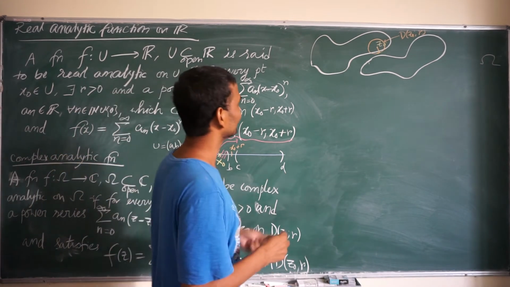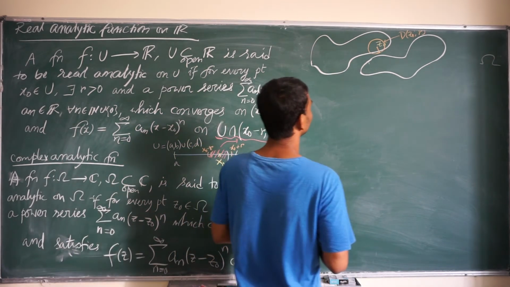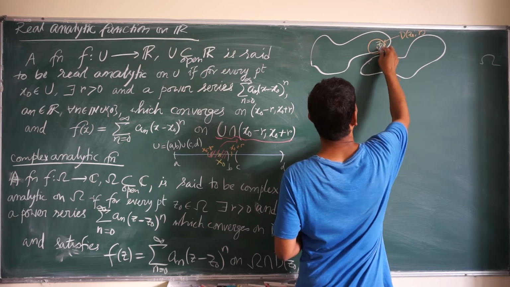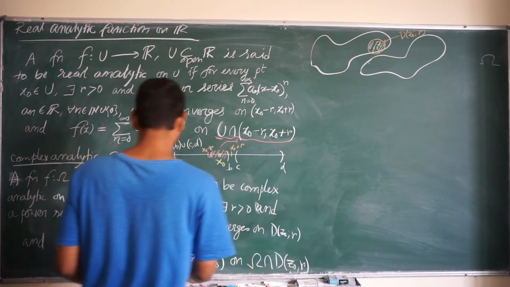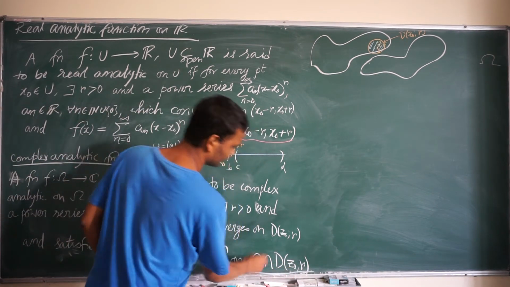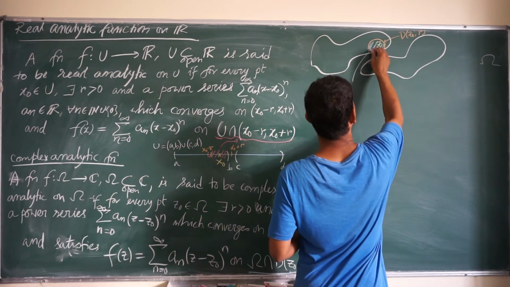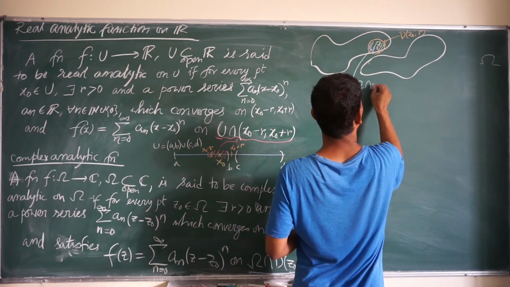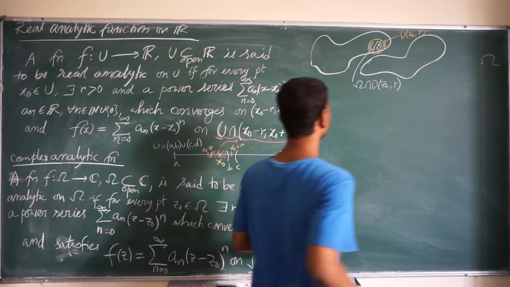So one R is good enough. On this intersection, omega intersection D(z naught, R), the function has to be equal.